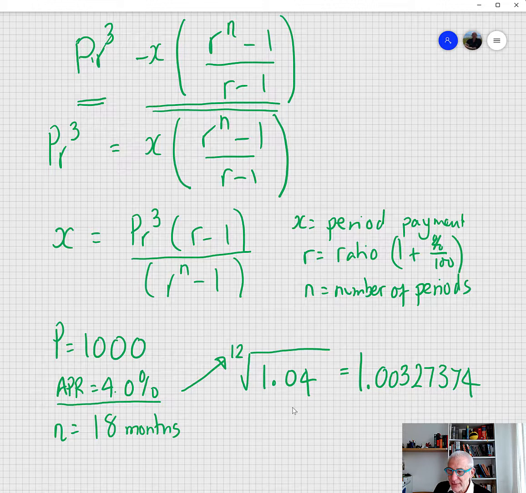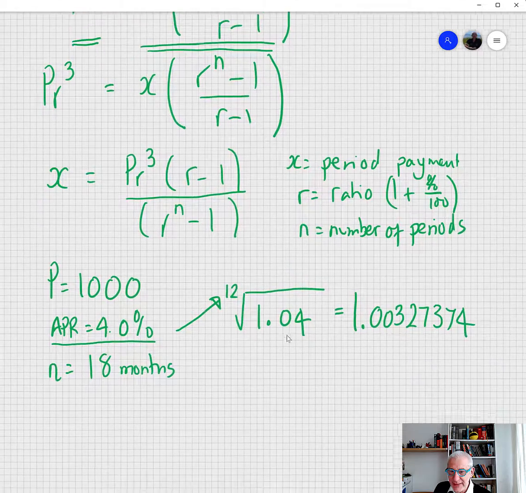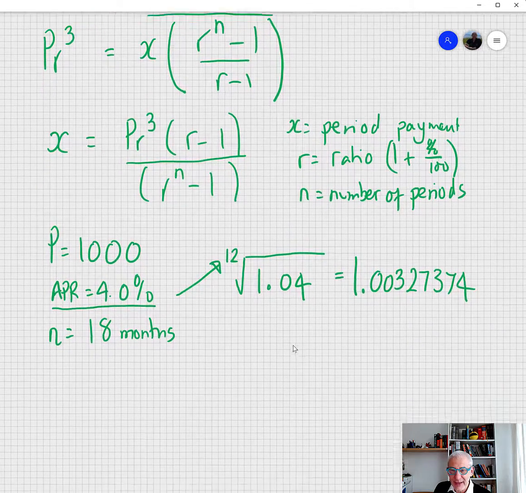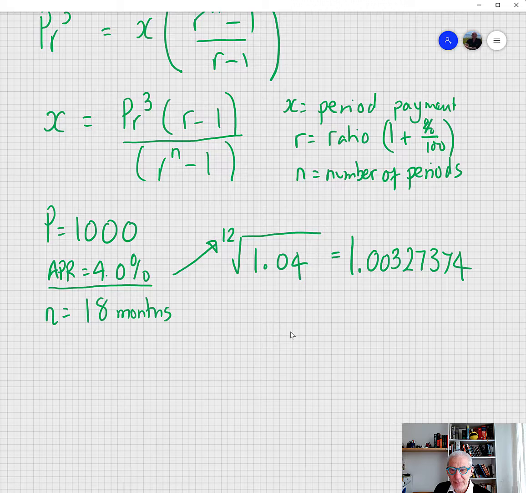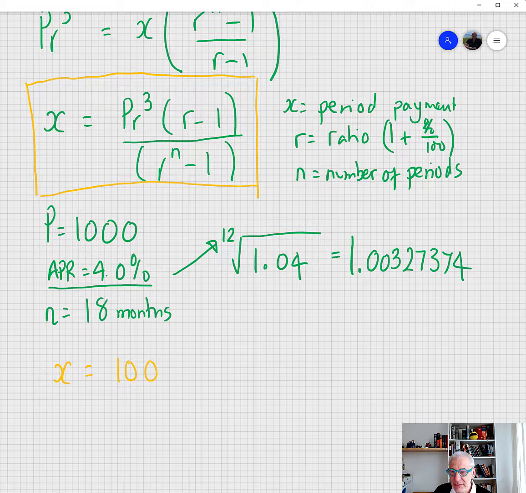Okay, so now we've got all the numbers that we need in order to calculate Jimmy's monthly repayment. So using the formula, which is up here, monthly repayment X, we just put all the numbers into this formula.